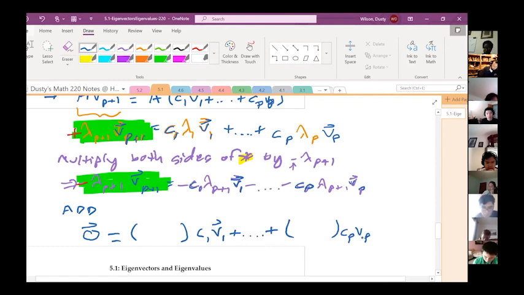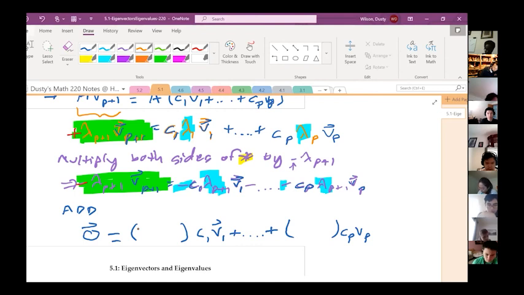And this something is going to be lambda1 minus lambda_{p+1}, and we're going to have lambda_p minus lambda_{p+1}.